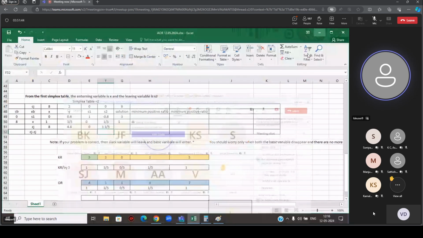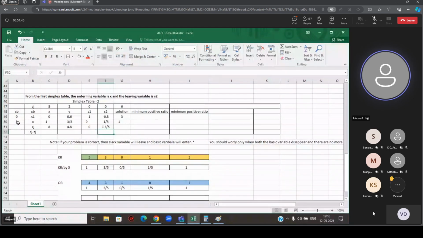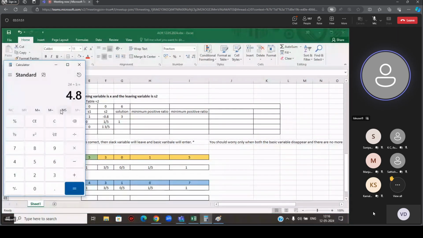So I'll directly put the value for you. 8 divided by 5 is how much? 1.6. So I will directly put it as 1.6 there.